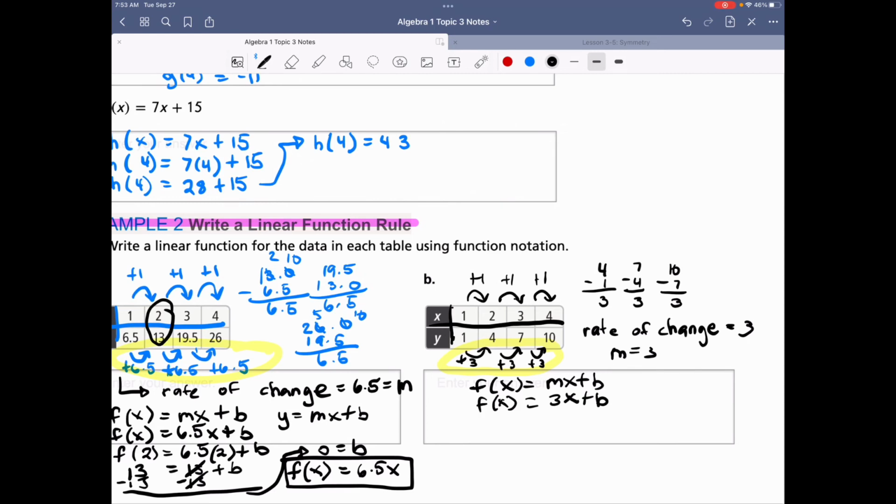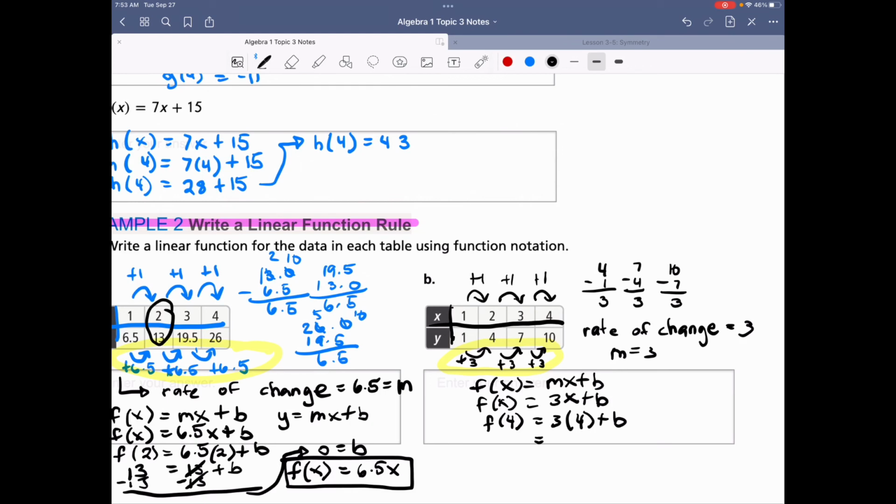And when we solve for b, remember that we can input any value from our x values. So we can take, for example, 4. f of 4 equals 3 times 4, when we plug that in, plus b.